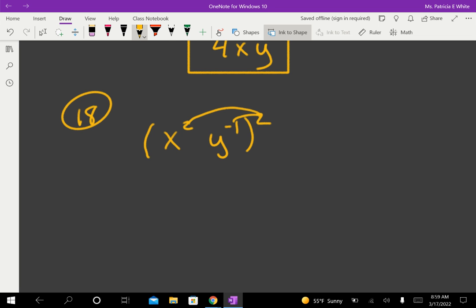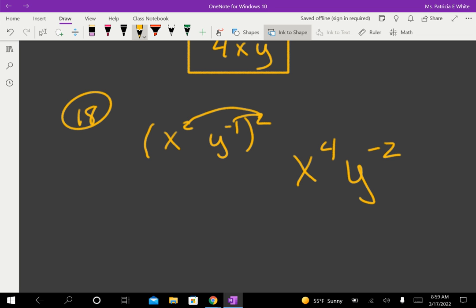Distribute. That's your power rule. You're going to multiply. x to the 2 times 2 gives me x to the 4th. y to the 2 times negative 1 gives me y to the negative 2.